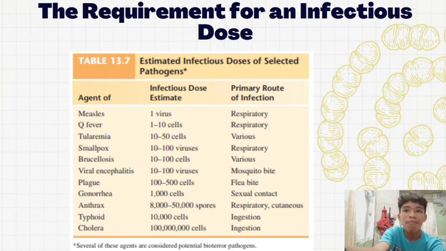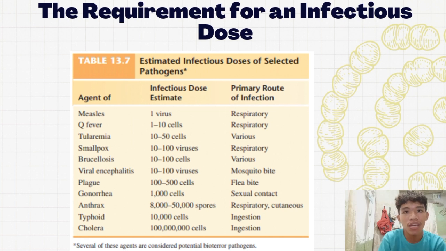Ang gonorrhea naman, a sexually transmitted bacterial infection, and about 1,000 cells. Primary route of infection, sexual contact. Ang anthrax naman, a serious bacterial infection siya that can be contracted through skin contact, inhalation, or ingestion. It is about 8,000 to 50,000 spores.